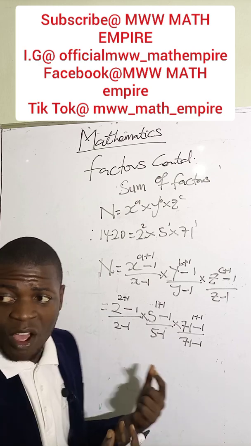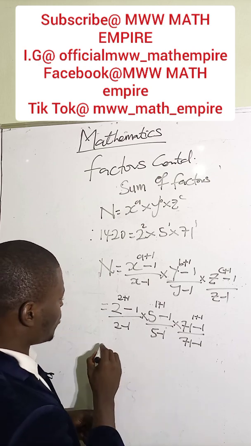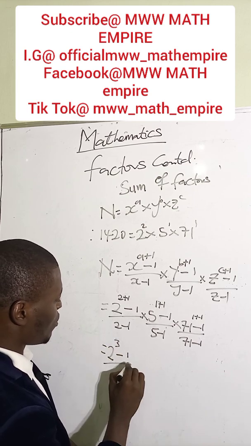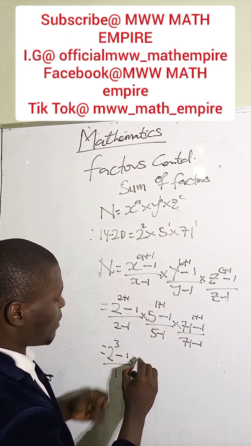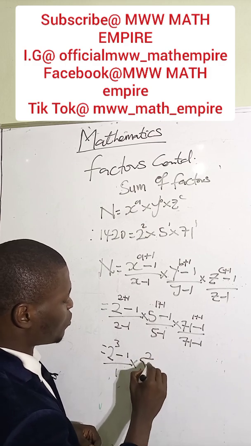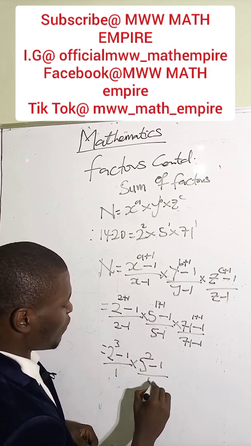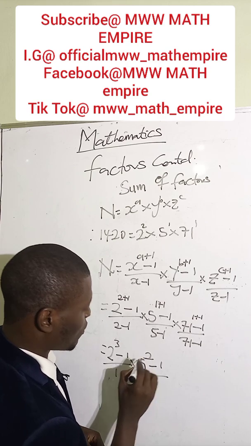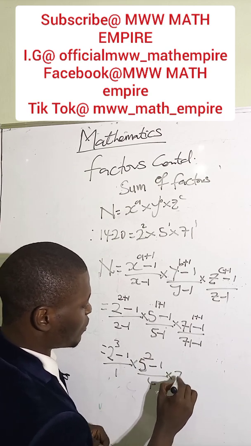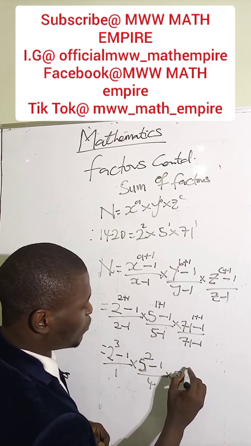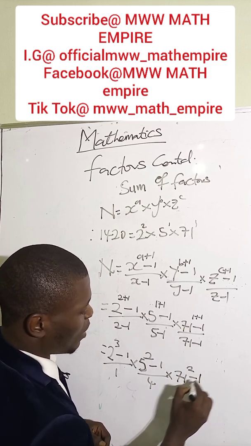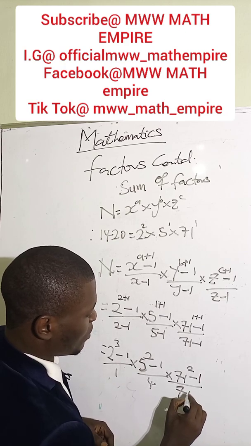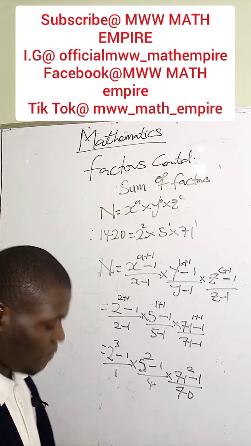Then we have 2 raised to the power of 3 minus 1 all over 1, multiplied by 5 raised to the power of 2 minus 1 all over 4, multiplied by 71 raised to the power of 2 minus 1 all over 71 minus 1, which will give us 70.